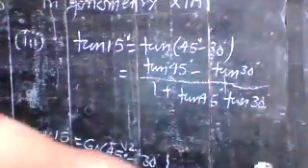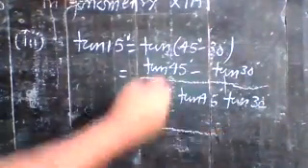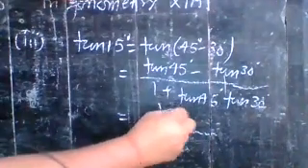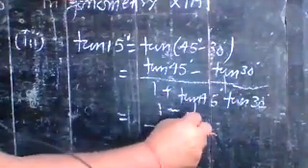Putting its value and simplifying, here you have 1 minus root 3, since tan 30 is 1 by root 3.